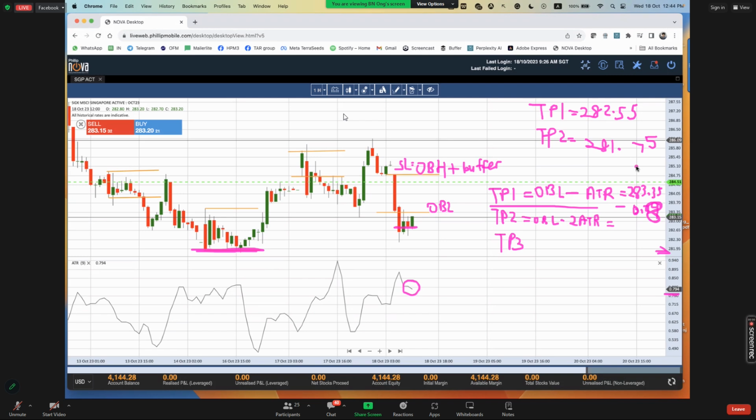And of course, if you're a little aggressive or you have more positions, then you will work towards the third TP level, and that's OBL minus 3 ATR. So you do have the next profit target in this manner. I presume you need to write down the target profit levels, otherwise next batch you're going to ask me.